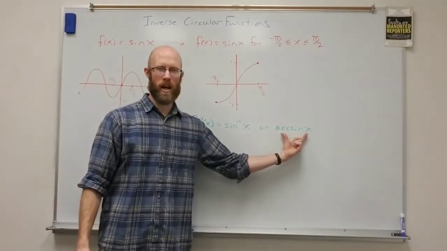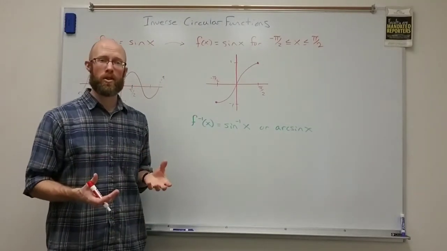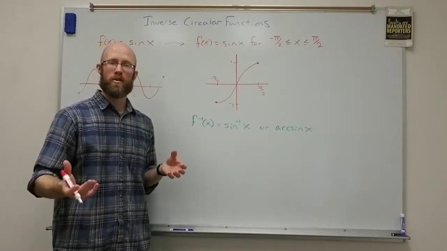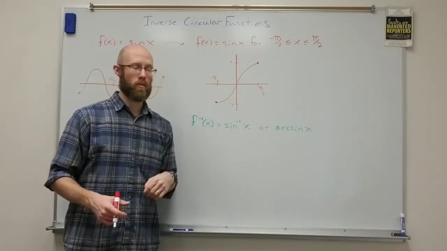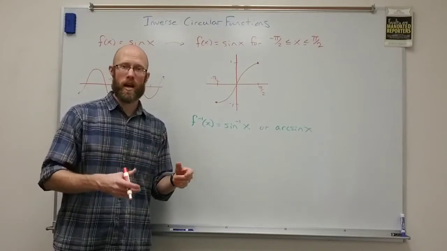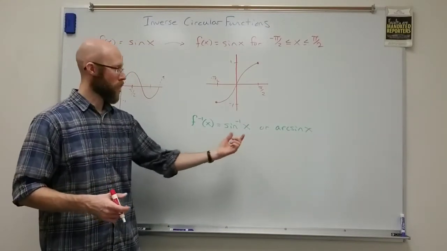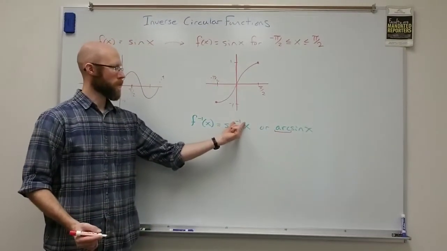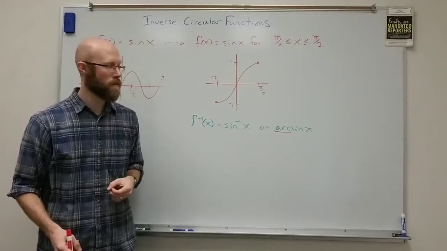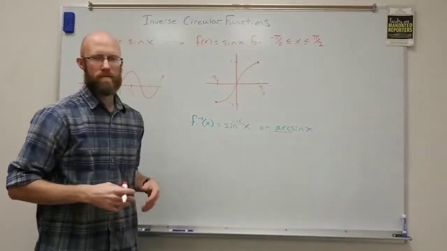Inverse sine, arc sine, they mean the same thing. So we will use them interchangeably, and you'll see them in your book. You'll see them on my math lab used interchangeably. Same thing with the inverse cosine and the arc cosine, inverse tangent, arc tangent, and so forth. This arc prefix means the inverse.